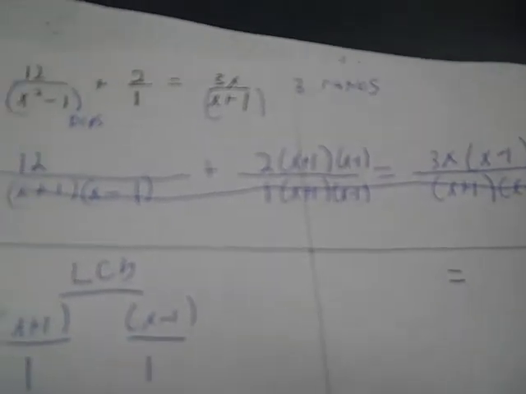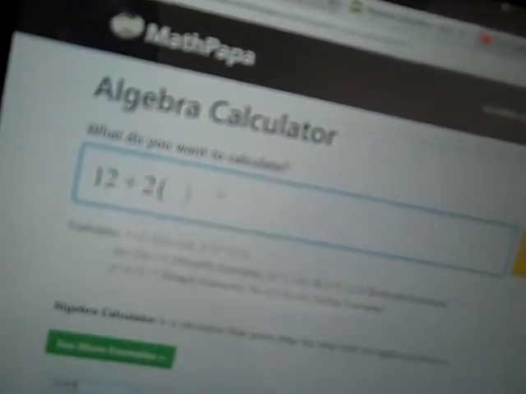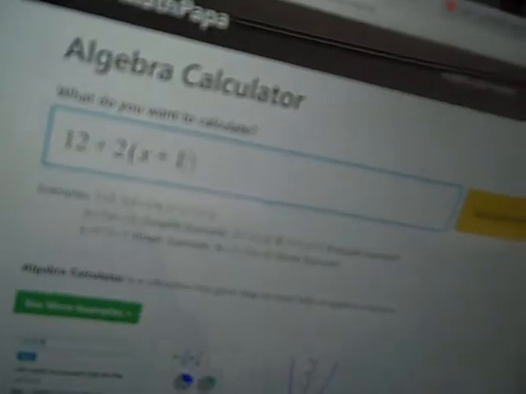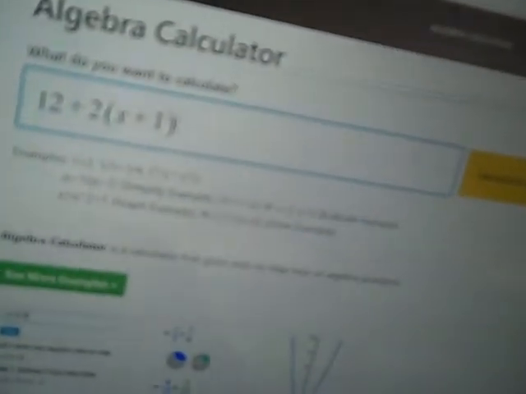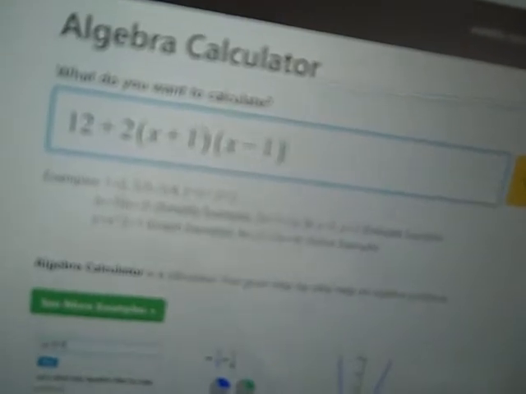But I'm going to use my Papa Math calculator on this side, okay? I don't want you putting in equals. You need to show your work down here, okay? So 12 plus 2, and then parentheses x plus 1, close it. Parentheses x minus 1. When you get to the equal sign, you need to just punch that in, hit calculate. So I get 2x to the second power plus 10.